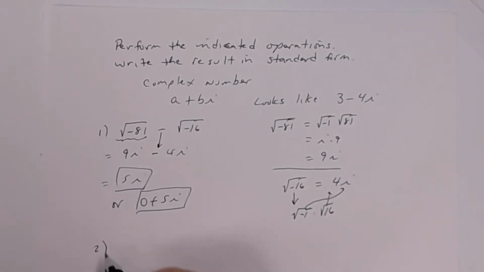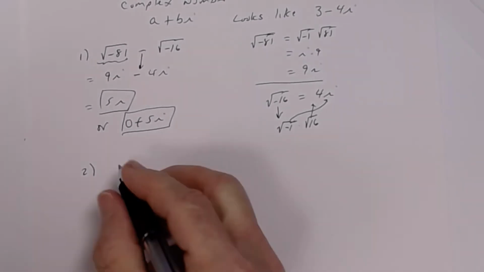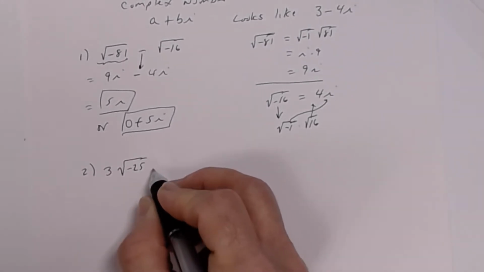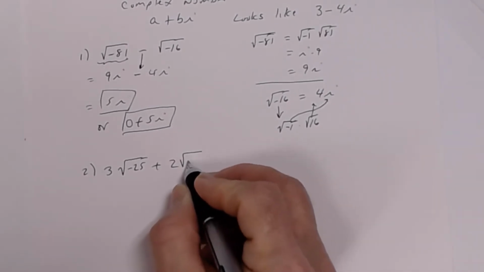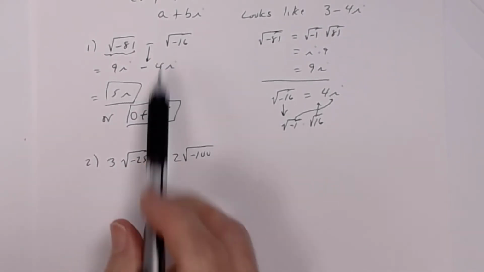So number 2, we have 3 times the square root of a negative 25 plus 2 times the square root of a negative 100. All right, and so it's kind of using this idea here.